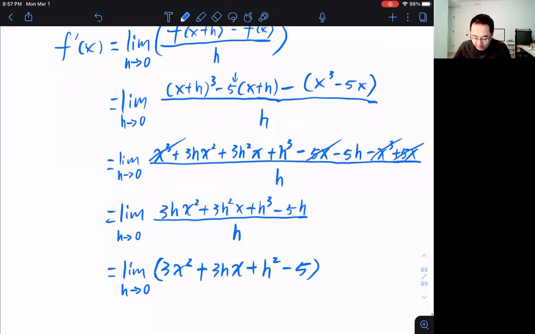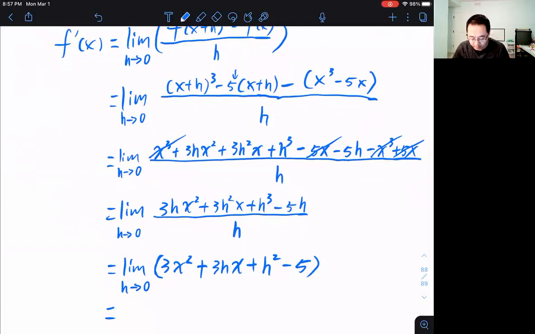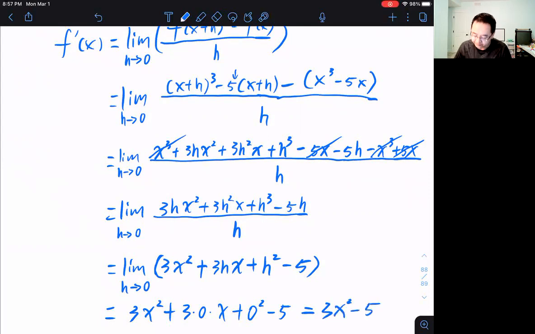And since this is a polynomial, that means you can just plug in h equals 0 into this function to calculate this particular limit. So this equals 3x squared plus 3 times 0 times x plus 0 squared minus 5, which just equals 3x squared minus 5.